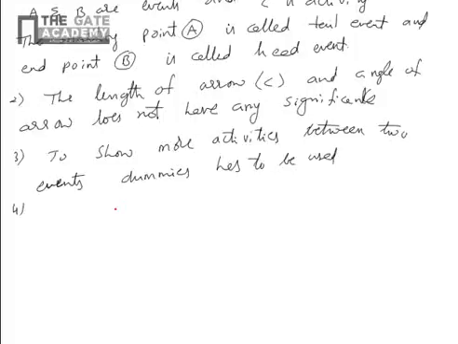If n activities are to be shown between the same two events, then n minus 1 dummies are used.